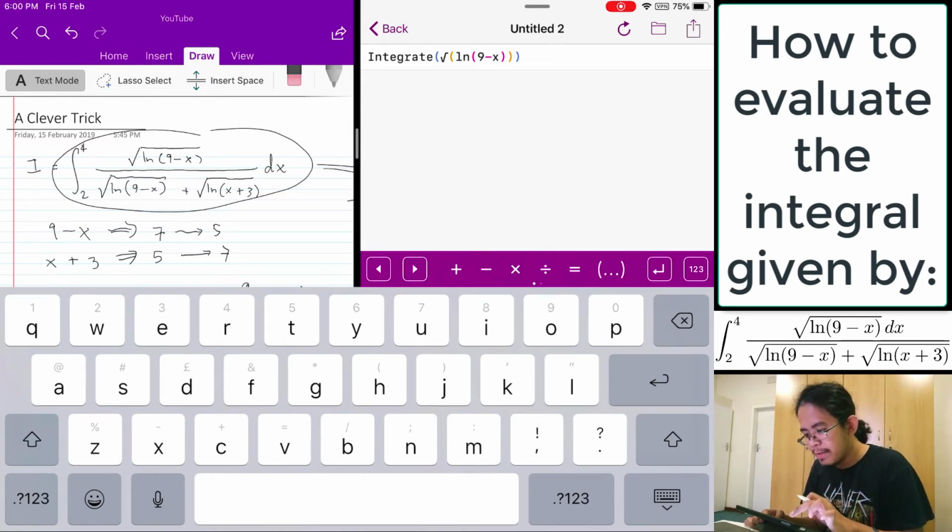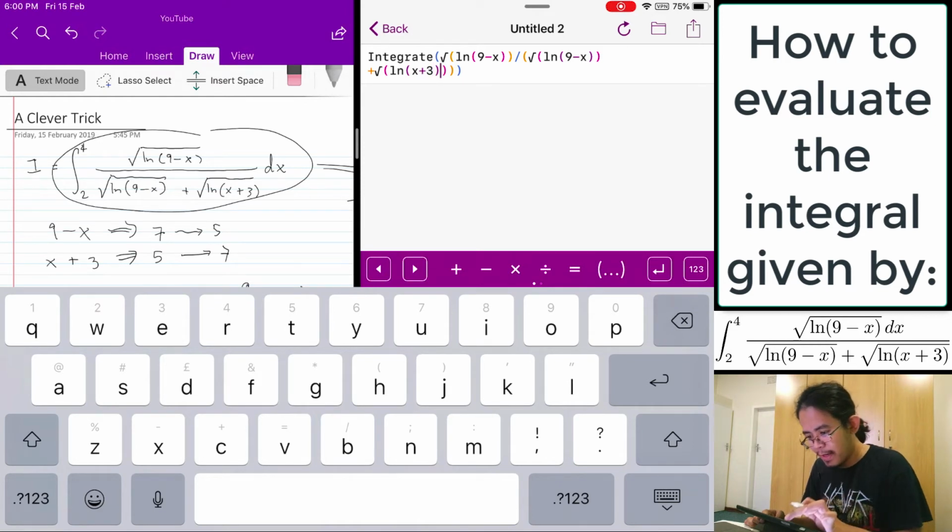And then we divide that whole thing by the square root of ln(9-x), plus the square root of ln(x+3).